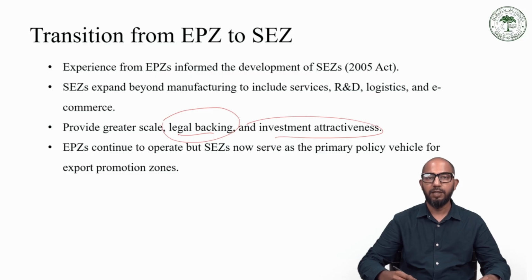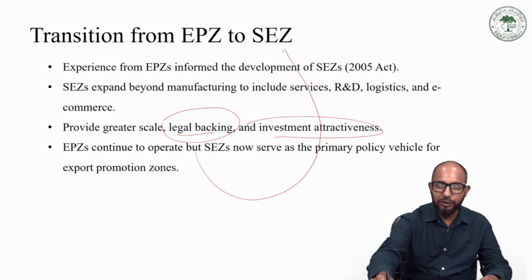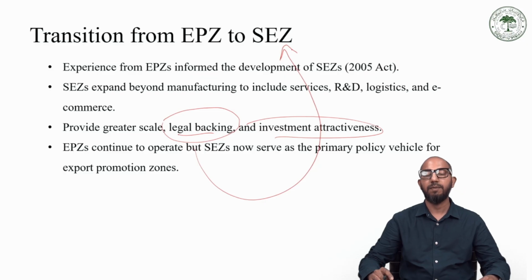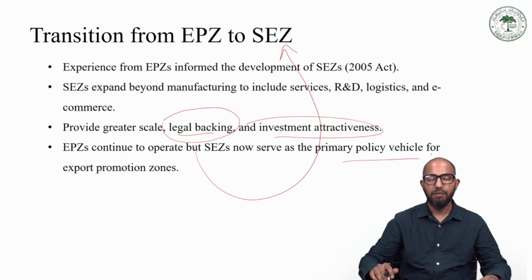However, in international trade, several times legal complications do arise, creating rifts and disputes. Thus, one important benefit of a special economic zone is legal backing, which is provided under this scheme. Special economic zones now serve as the primary policy vehicle for export promotion zones.